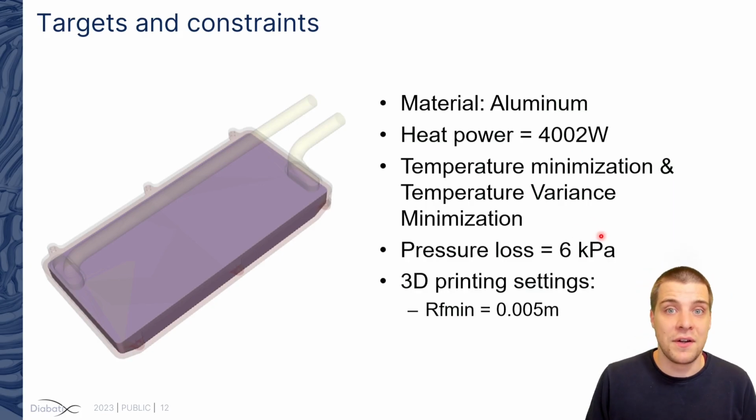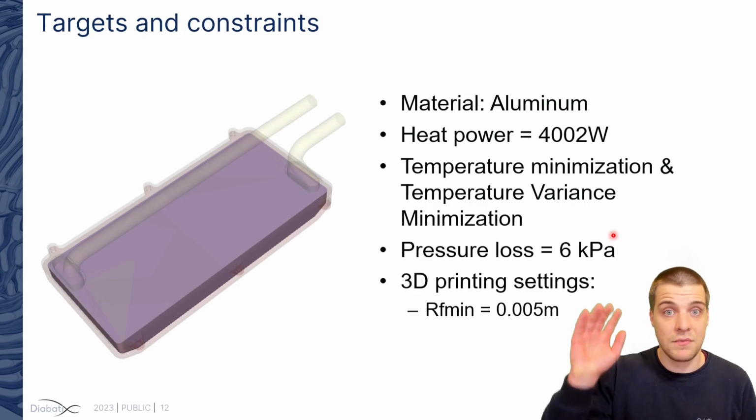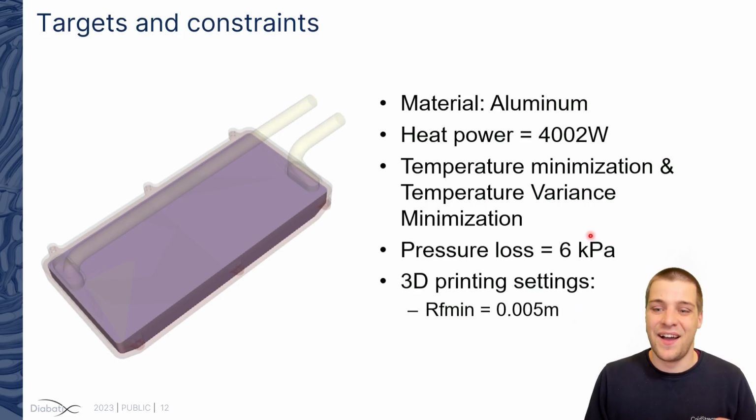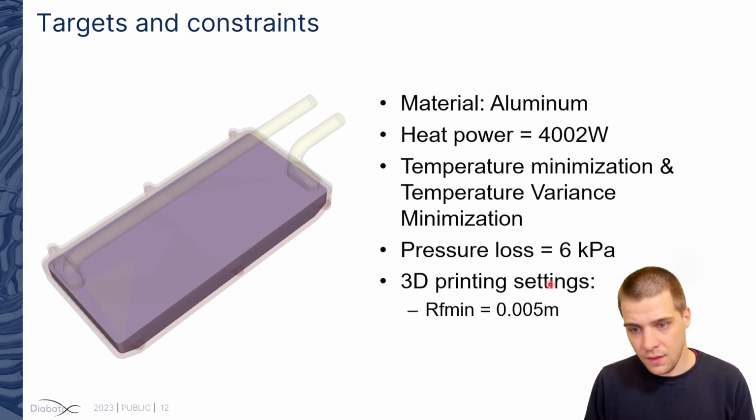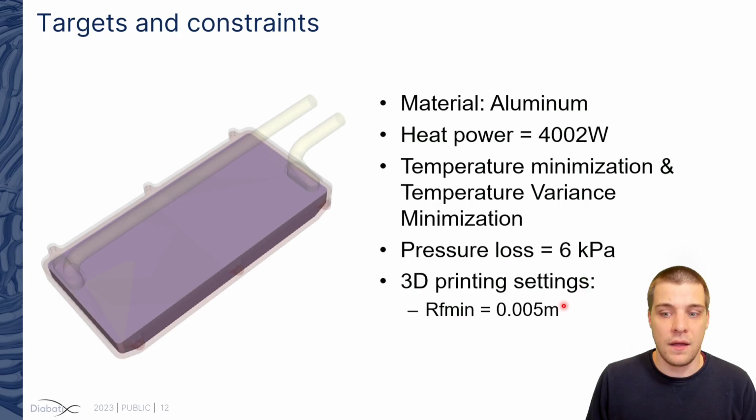To make sure that the pumping power doesn't rise infinitely high, we put a pressure loss constraint of 6 kilopascal, and we'll be using 3D printing with a printing resolution of 5 millimeters as the manufacturing technique.